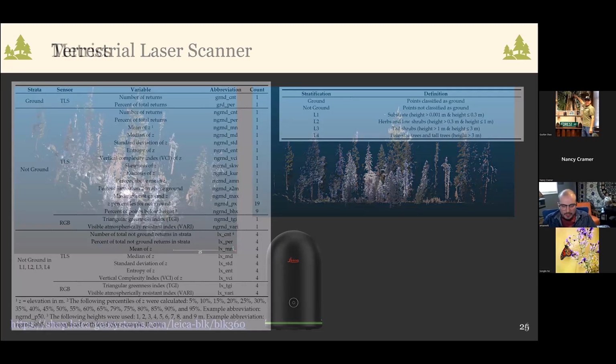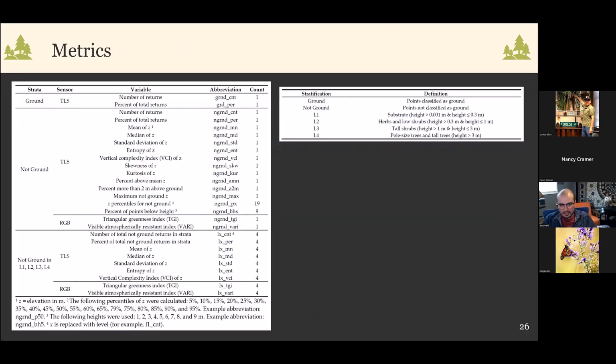Okay, so basically what we did was we took our TLS data and ran it through a processing chain. We started off with the raw data, classified the ground points, and used the ground points to create a DTM. Then we normalized the data relative to the DTM, so the Z became height above ground.